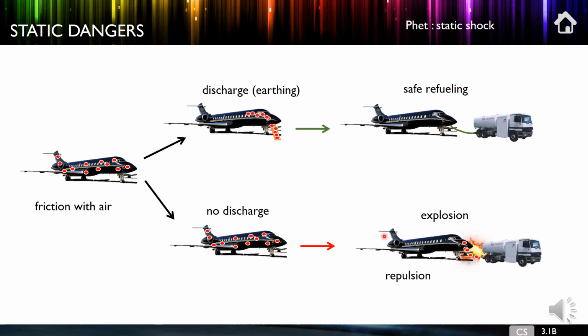If that doesn't happen, there's a danger of an explosion because we've got oxygen in the air, fuel vapor, and the spark can generate heat. So it's a classic sort of 5-mark question, and you really have to explain those three elements. Heat from the spark, and where does the spark come from? It comes from the discharge.